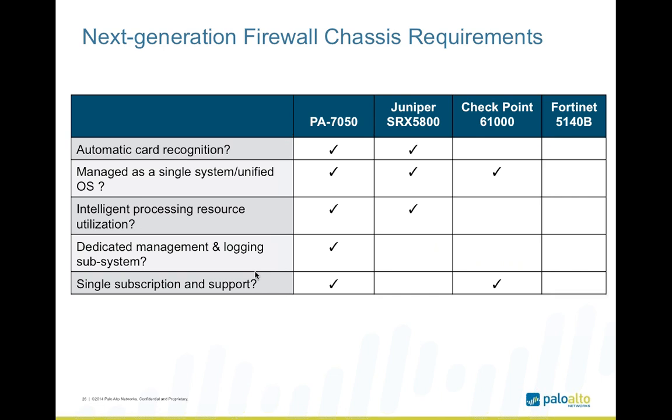It definitely has additional CLI commands maybe, but in terms of the management functionalities and the interface, it is just the same as a typical appliance. It is nothing different. A good thing is we have automatic card recognition. When you insert a new NPC card, it will automatically boot, it will get the policy, and the first packet processor will immediately start sharing the load with the new card. And it is managed as a single unified system.